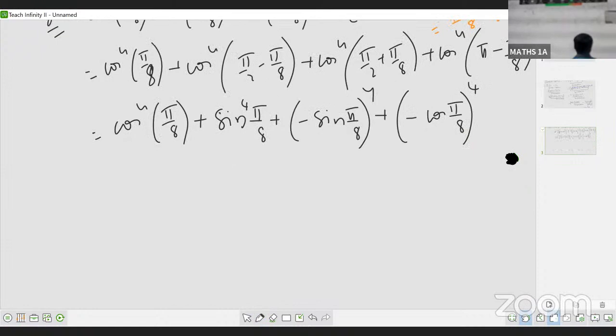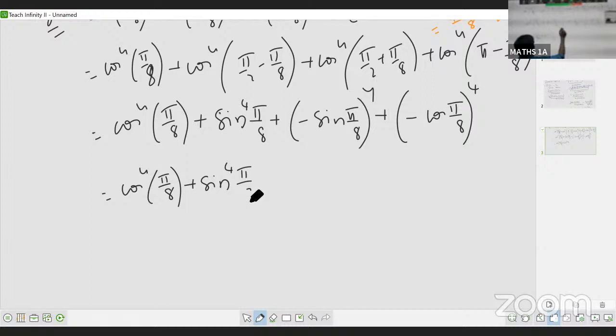Now this is cos power 4 pi by 8 plus sine power 4 pi by 8, because of even power.